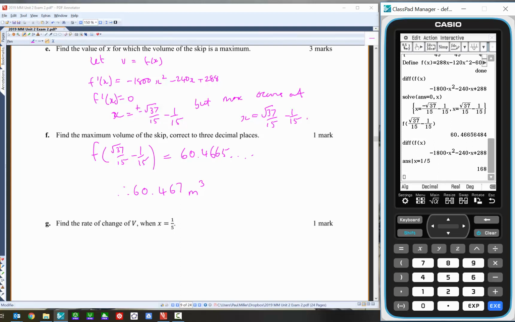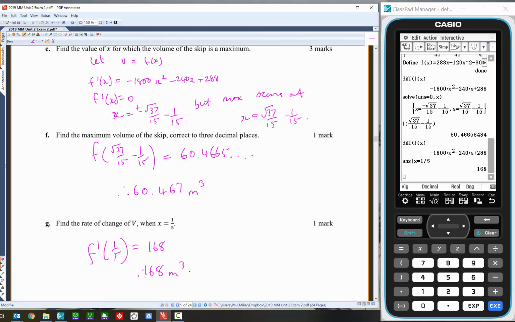All right, so the rate of change, so we're going to say f dash 1/5 is equal to 168. Therefore, 168 meters cubed. What's the rate?